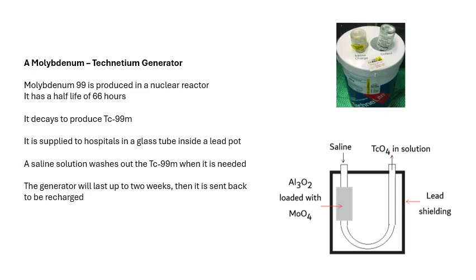And it's called milking. So you put your saline, your salt solution in there, and that washes out the technetium. So you get your technetium oxide in solution, and then the whole thing is in a shield. And then every couple of weeks, it lasts up to 2 weeks, you send it back to the company and they will give you a fresh one, loaded with fresh molybdenum.